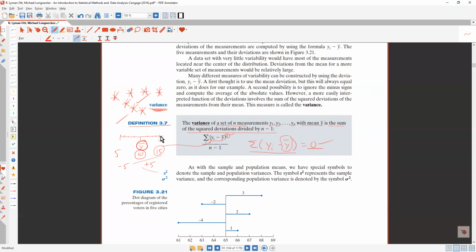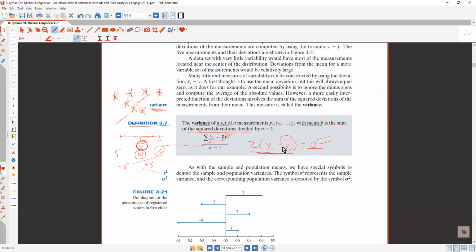So here's the concept. The mean is constructed in such a way that it's trying to produce that perfect balance. So by summing all of those deviations, you're going to get 0 every time. You can try that on any data set you like. This will always hold true.